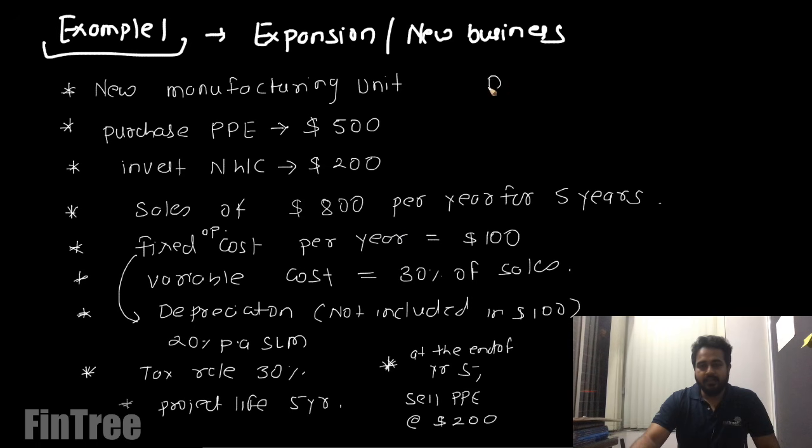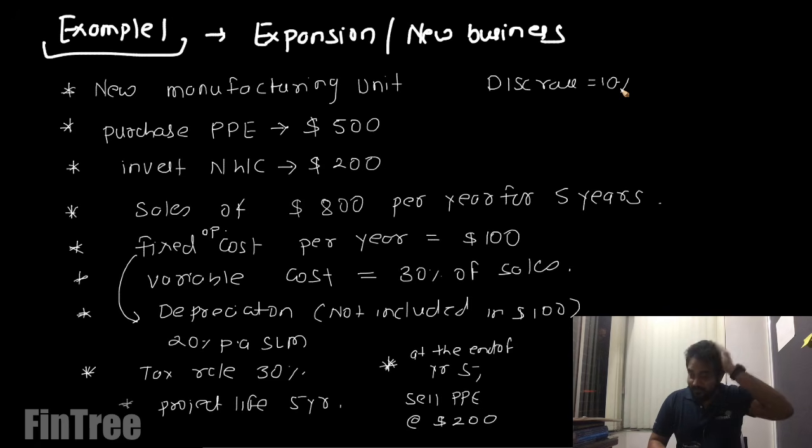No, discount rate, take 10% per annum. Discount rate, take 10% per annum. Yeah, by the way, unless otherwise mentioned, if I forget, 10% is a good assumption for you to work with.